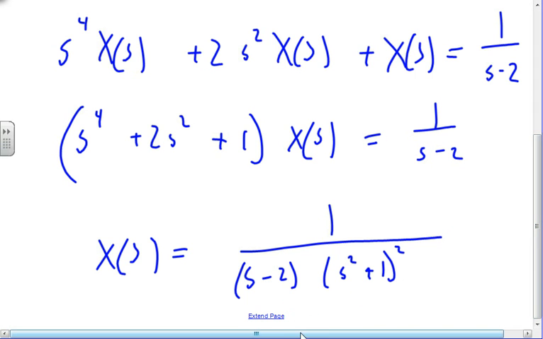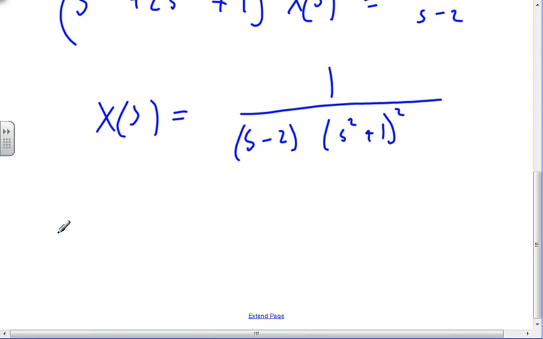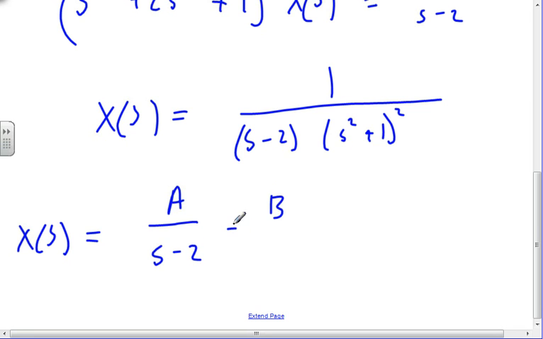Okay. I do a partial fraction. X of s equals A over s minus 2, B over s squared plus 1, C over s squared plus 1 squared.